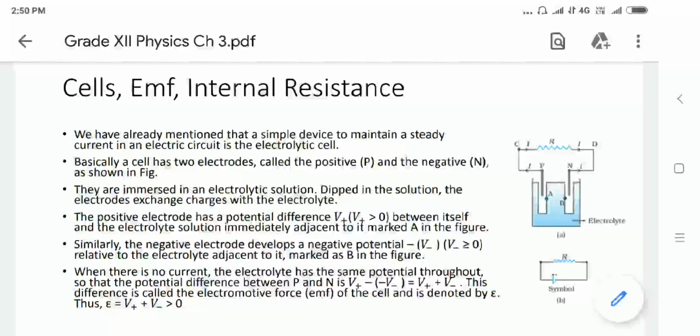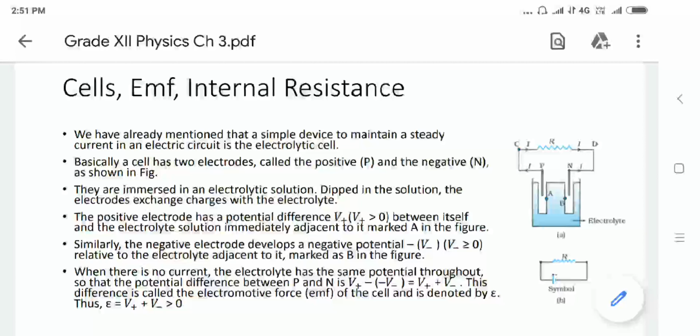Likewise, when the negative electrode is inserted in electrolyte material, a negative potential difference arises. The potential difference between the negative terminal and electrolyte is greater than 0. So we can say that with respect to my negative electrode, the electrolyte became positive. That's why we can say that electrolyte is the material through which both positive and negative polarities can be generated.